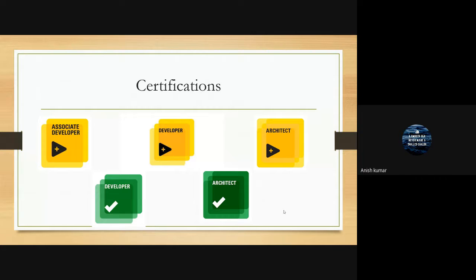The starting level, Associate Developer, is knowing the tool, how LabVIEW works, and doing your mini projects. The Developer level is if you are able to do a major project. And Architect is about experience: 3 years of experience and how well you develop code. Based on that, you become an architect.